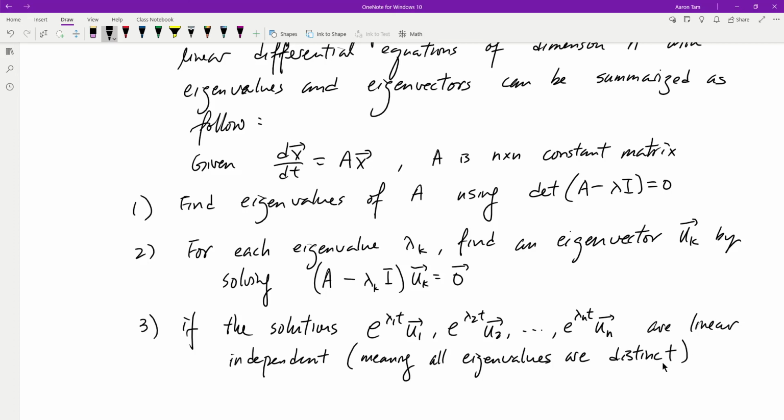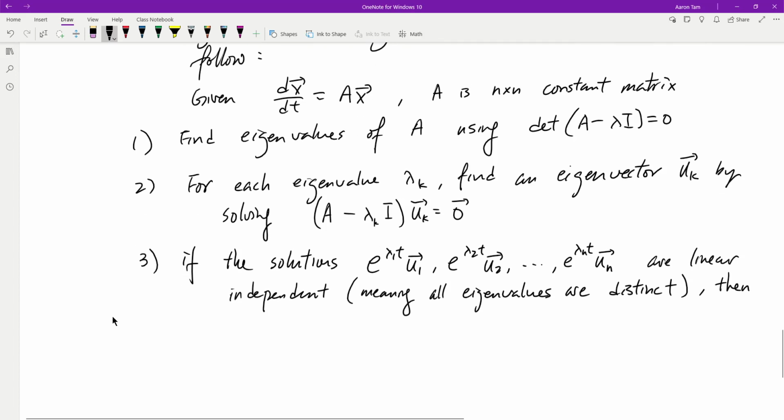Then the general solution to this system will be in this form.